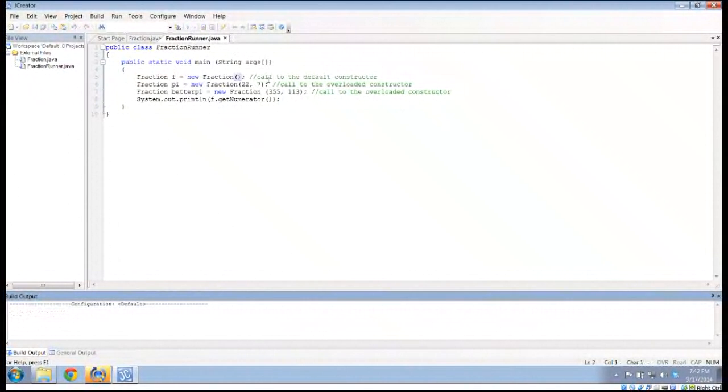And remember, because this was our default constructor, our default numerator was 0. And I can do the exact same thing with pi and with better pi.